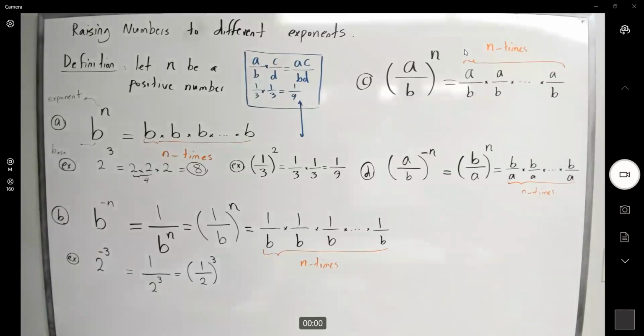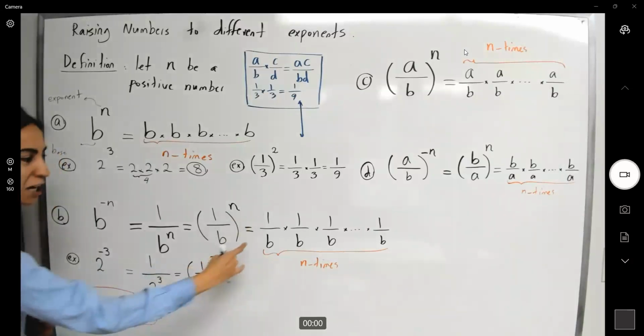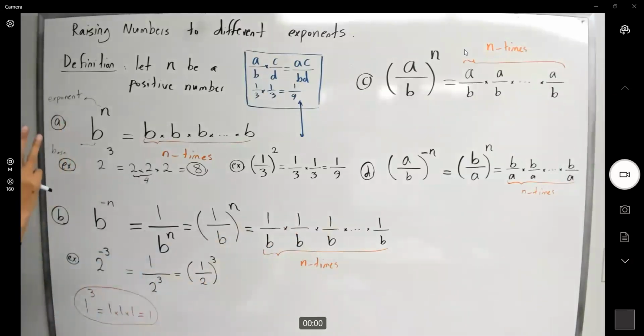Remember that, everybody. 1 to the 3rd is 1 times 1 times 1, which is 1. Remember that if you raise 1 to any exponent, it's equal to 1 itself. So following the definition, I take this fraction and multiply it by itself 3 times.